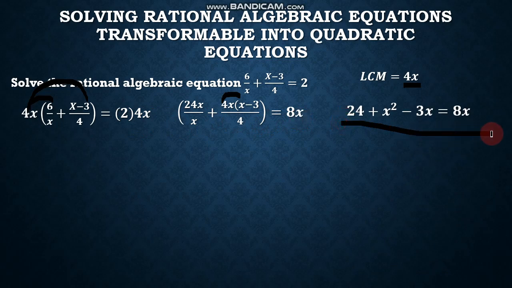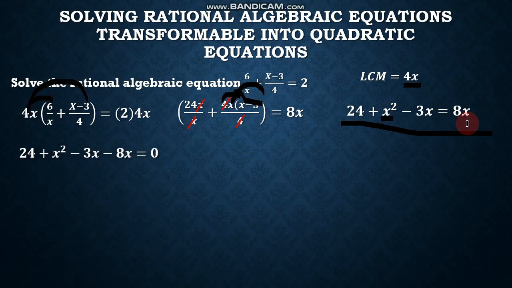So how do we get this answer? We just simply cancel x. 24 is left, and then cancel 4. What is left is x, and then x times x is equal to x squared. x times 3 is equal to negative 3x, equals 8x.